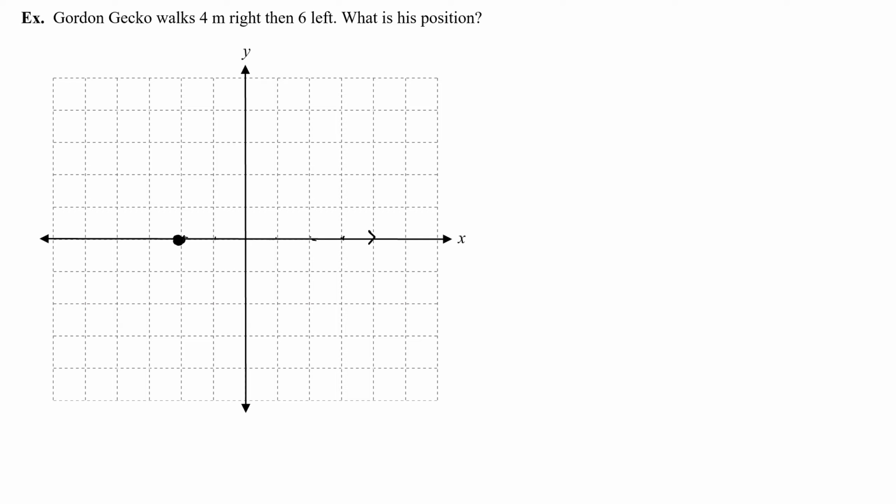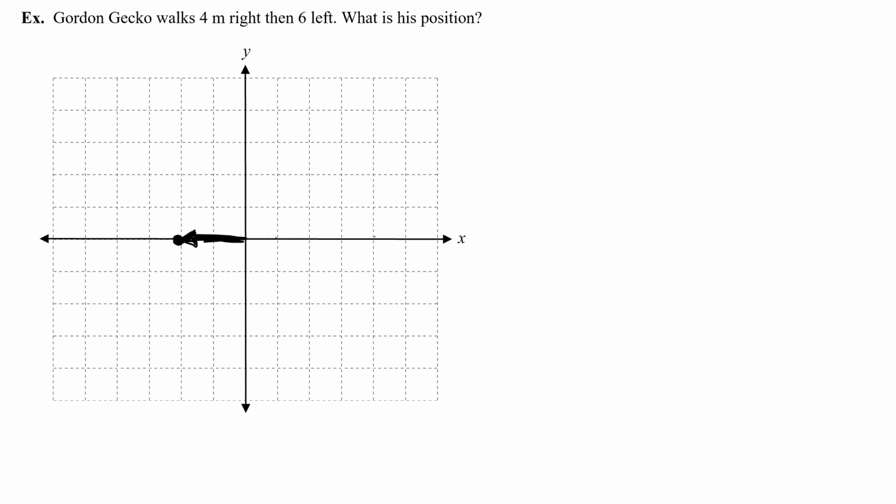Now I'm going to get rid of these two lines that I drew and think about what the position vector would be. Well, the position vector is going to point right here, and it's going to come out of the origin.